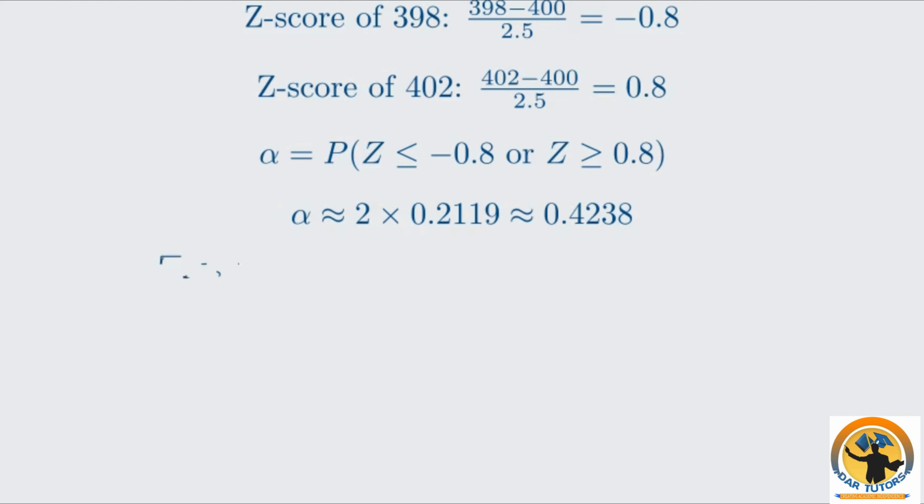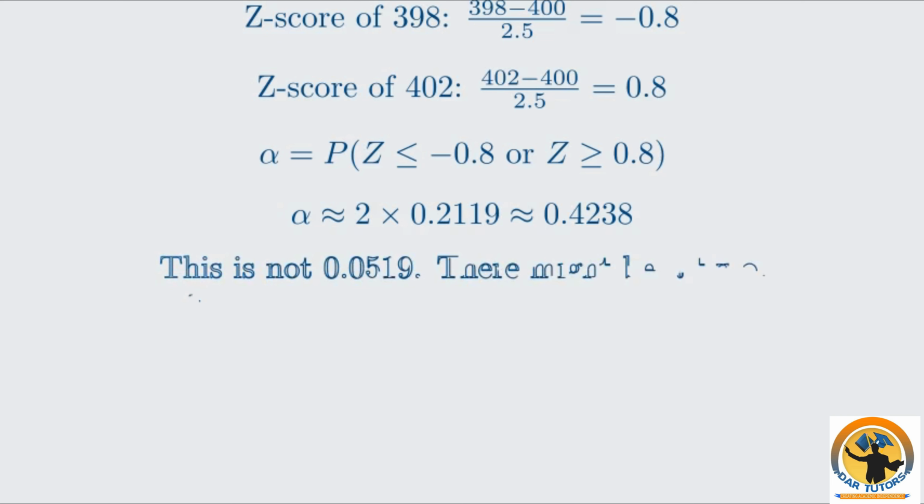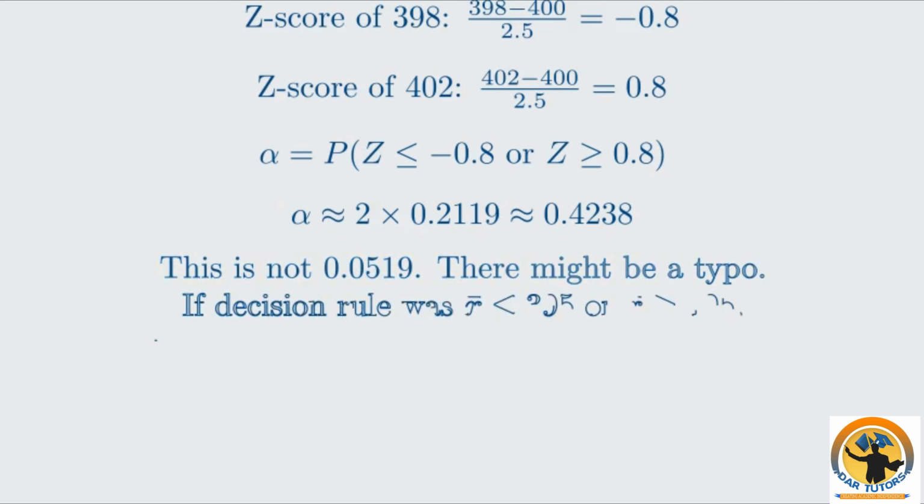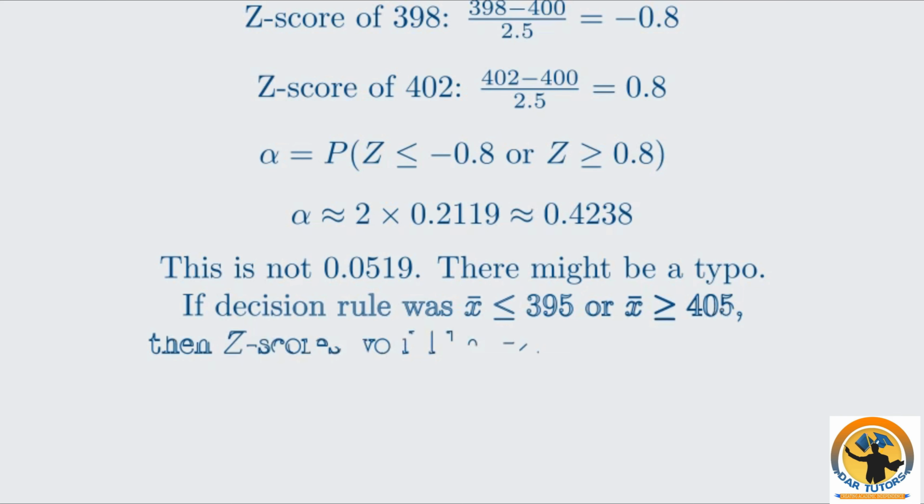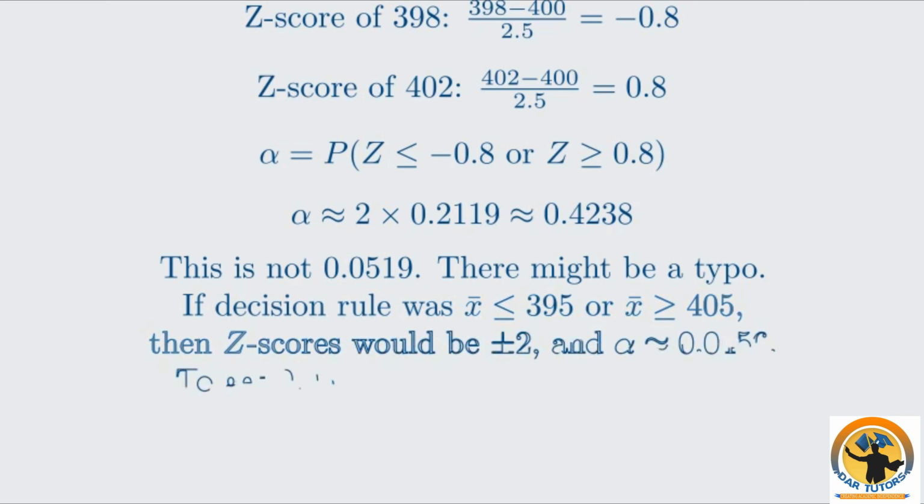This is not 0.05199. There might be a typo in the original question's target value. Let's assume the question meant for the decision rule to be X bar less than or equal to 395 or X bar greater than or equal to 405. In that case, the z-scores would be plus or minus 2, and alpha would be 0.0456.